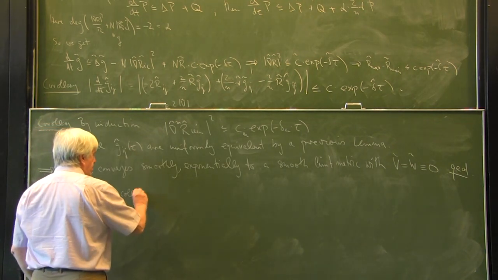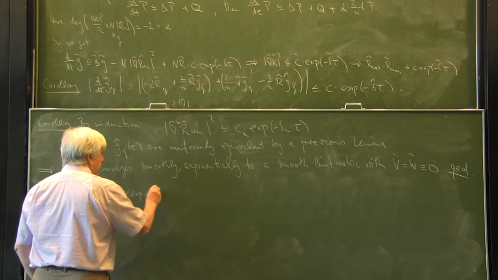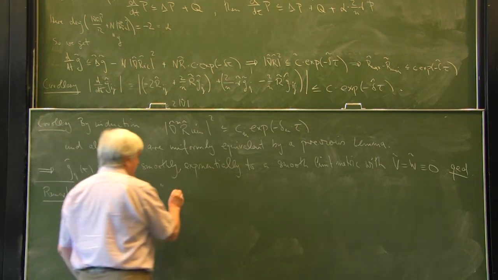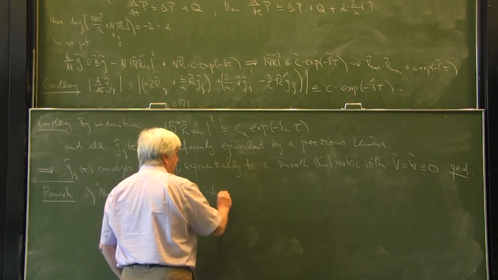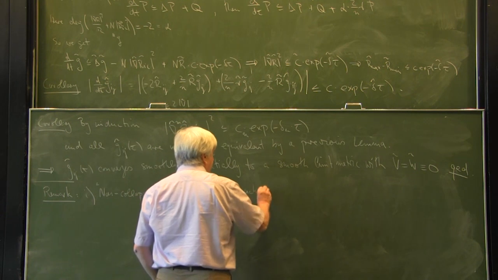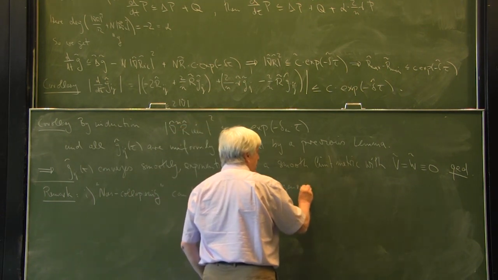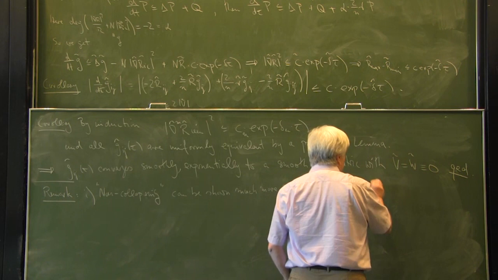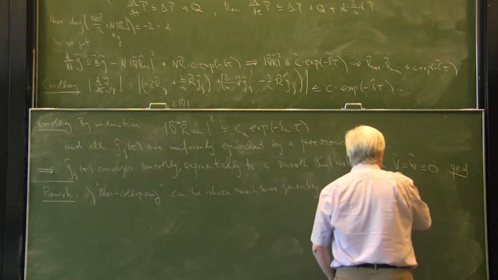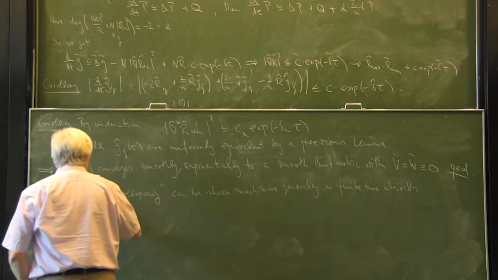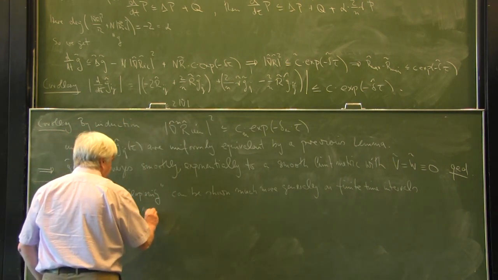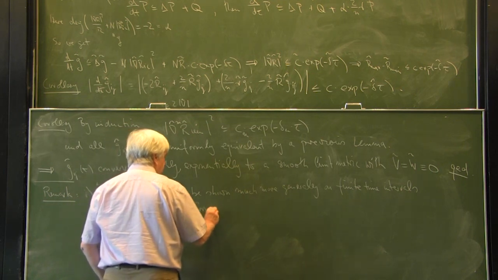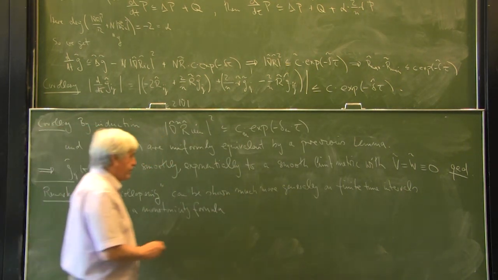So collapsing, meaning the lower bound on the injectivity radius can be shown much more generally on finite time intervals using a monotonicity formula, which is related to the logarithmic Sobolev inequality.